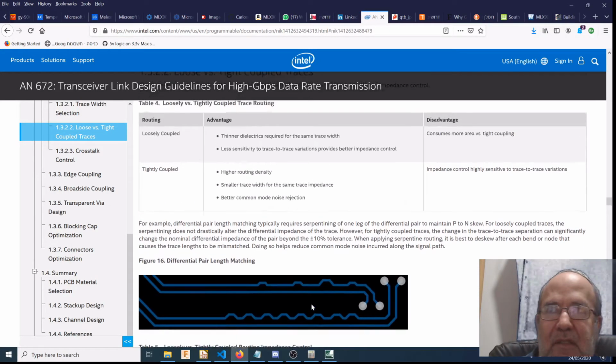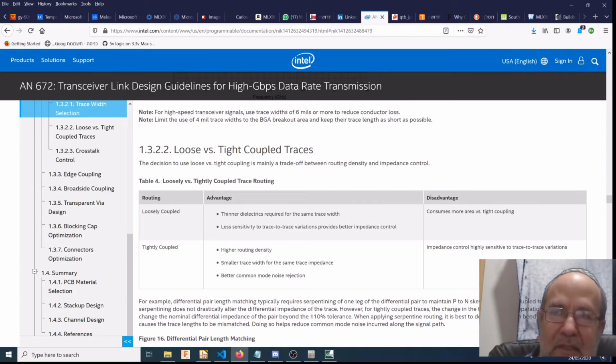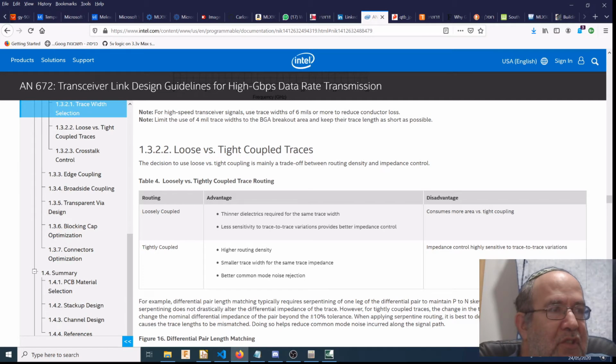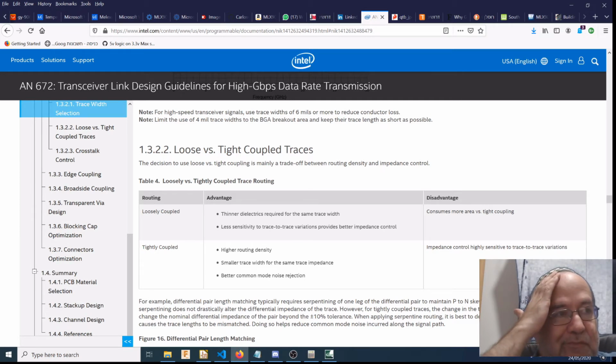Loosely and tightly coupled traces. Okay. Loosely and tightly coupled traces goes into an area which I first need to describe. True differential versus Serdes.